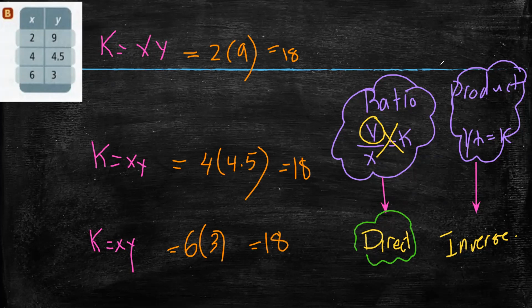So is k a constant here? Yes. So that means the values of k are constant. Now, since k is constant, this is an inverse variation.